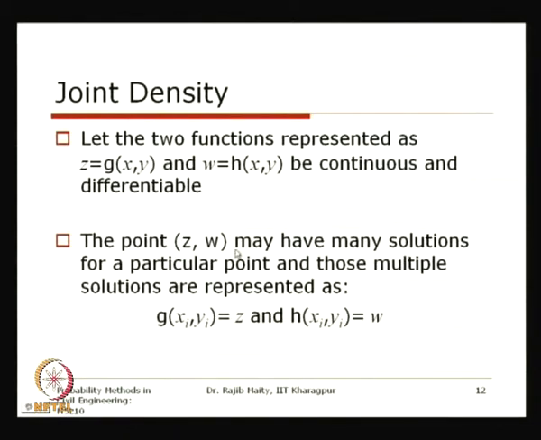Now, the point (z,w) may have many solutions, represented as g(x_i,y_i) equals z and h(x_i,y_i) equals w. So it can happen that for one combination in the zw plane we could have multiple solutions, meaning multiple representative points on the xy plane, denoted by (x_i,y_i).